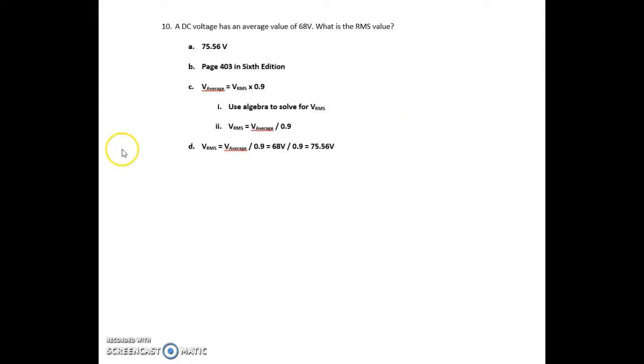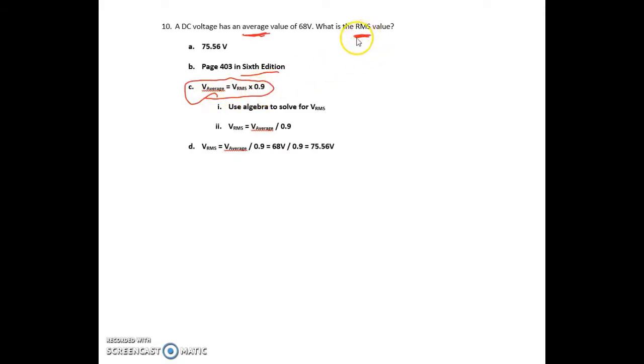Number 10, a DC voltage has an average value of 68 volts. What is the RMS value? Again, we're being careful on looking at the values that were given and what they're asking for. In the 6th edition, the formula is given on page 403: V average equals V RMS times 0.9.